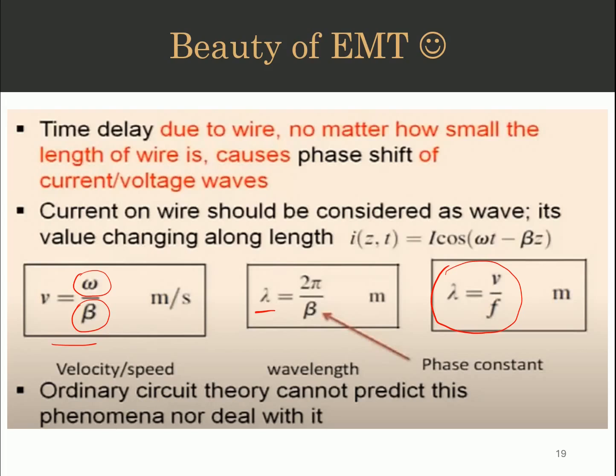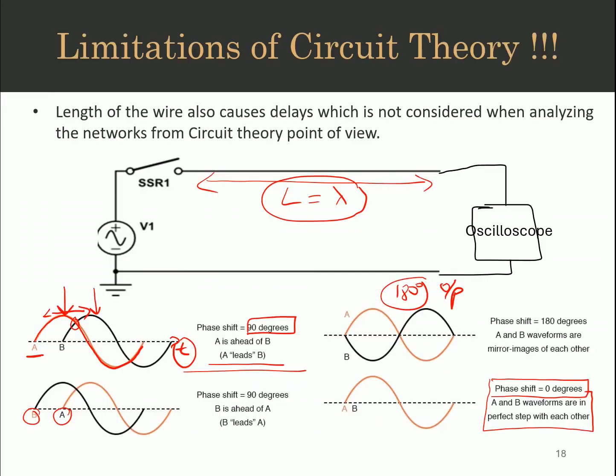So just to give you a hint, we are going to study that the voltages and currents that propagate in a transmission line or a wire will be dealt with as a time varying element rather than a single particle. So these things are calculated in terms of the time delays, if the length of the wire is increased or decreased, and all these things are calculated in terms of its phase shift. So this is the beauty of electromagnetic field theory, where we can understand the limitations which we saw over here.